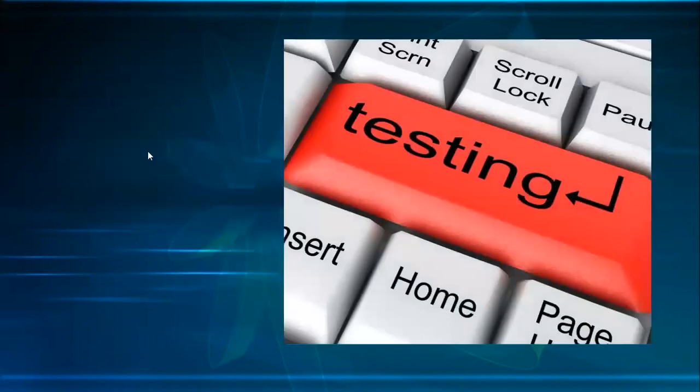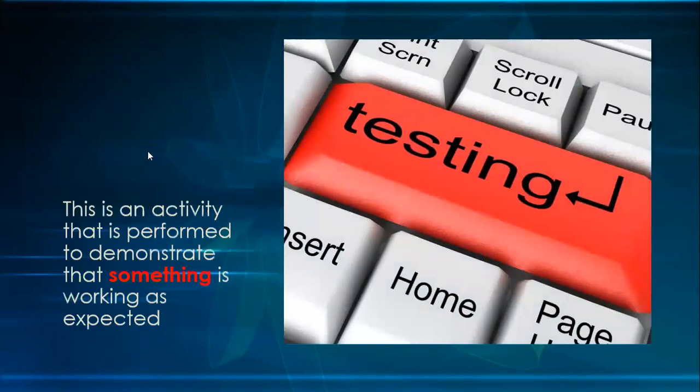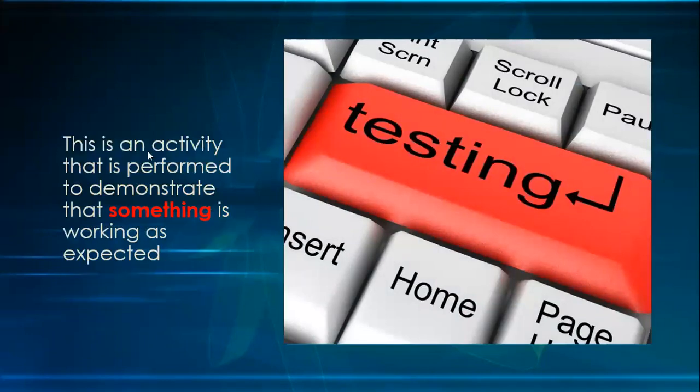So that takes us to the first one, testing. What is testing? This is an activity that is performed to demonstrate that something is working as expected. Let's take an example from what we have stated from our background.